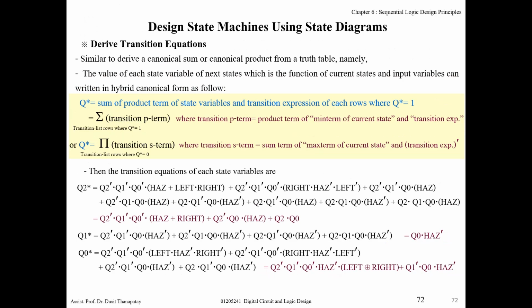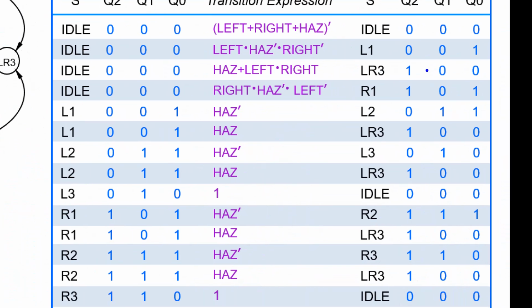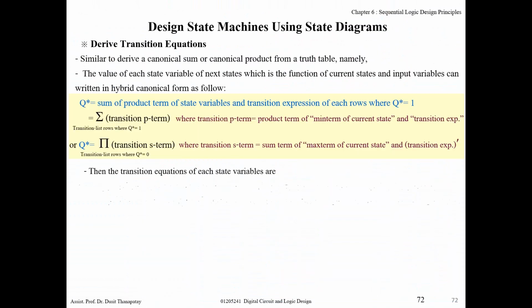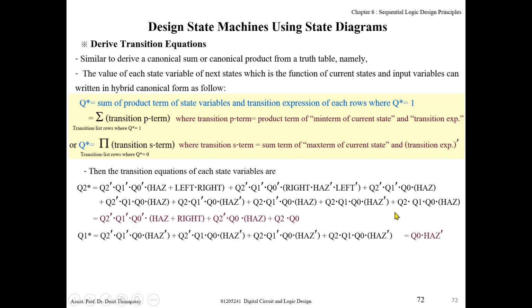And for Q2 also, if you observe, using logic 1, you can get the transition expression for Q2 star like this. And then using Boolean or switching algebra to minimize the expression.